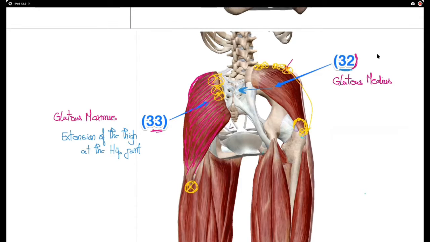So when it pulls the thigh, it's going to be pulling the thigh from this point and drag it to move towards the origin, towards the coxal bone. So the thigh itself is going to be moving away from the midline. So what did we call this movement? What is the primary action of the gluteus medius? If you can remind me, please.